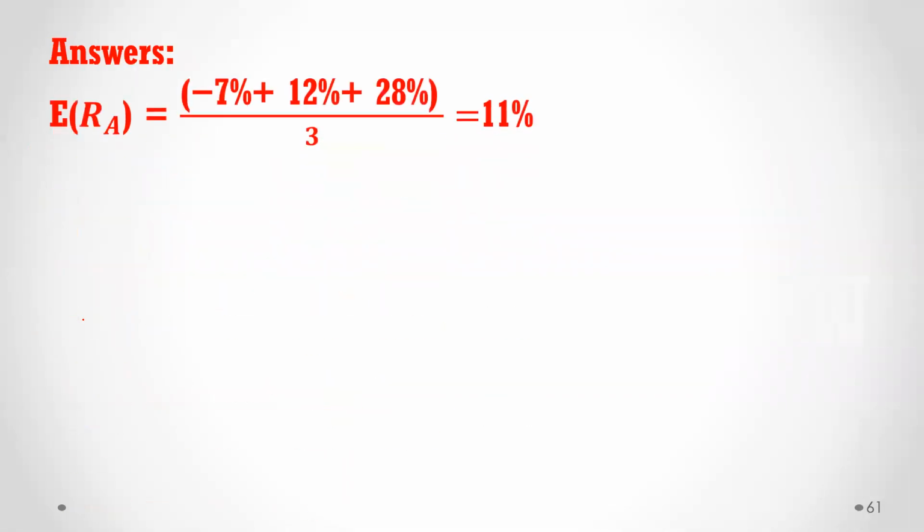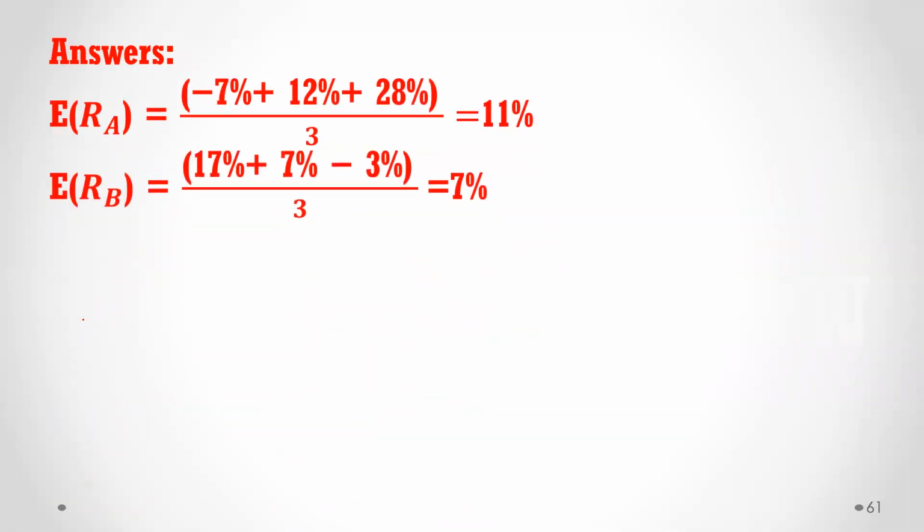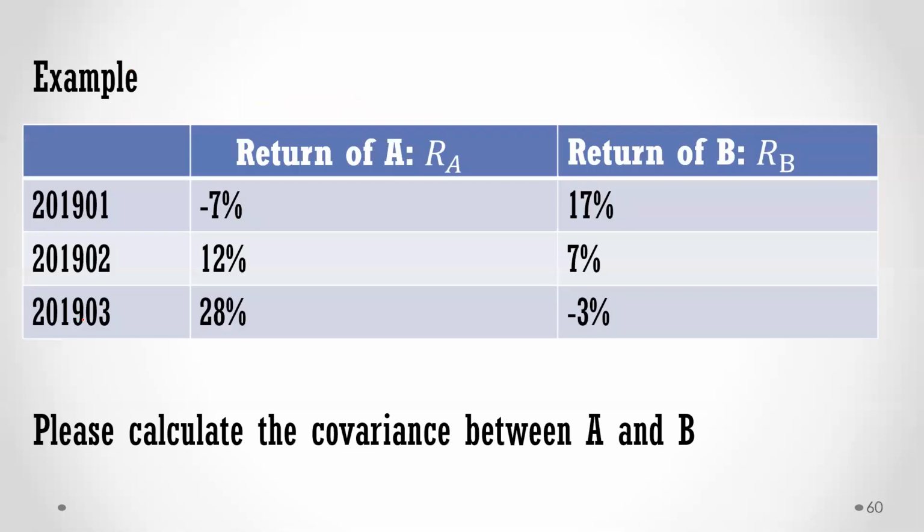Okay, first, for A, we calculate the expected return, or the average return, by simply calculating the average of the 3 months' returns. So we can see that A's average return is 11%, B's average return is 7%. So we just use the information here to calculate the average.